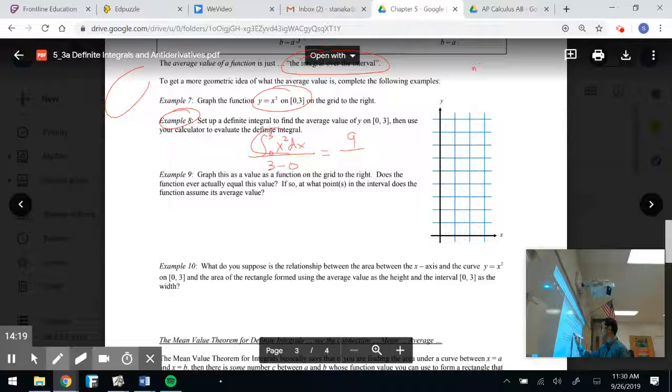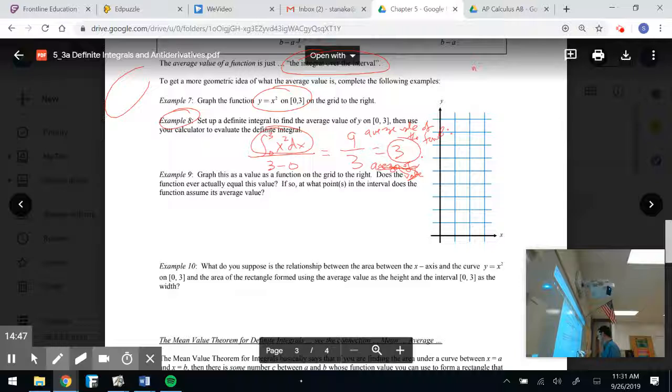Divide it by 3, and guess what we get? We get 3. We will learn how to do that by hand in a little bit. And that is the average value of the function. It's the average value of x squared from 0 to 3.